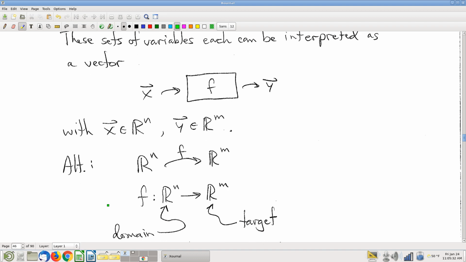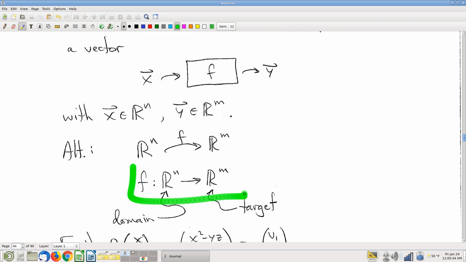This notation here is also very common, so I would just want you all to be aware of it. All this says is we've got a function. This function's called f. And the colon here is just a way of saying, okay, heads up, this function named f, I've got to tell you some stuff about it.